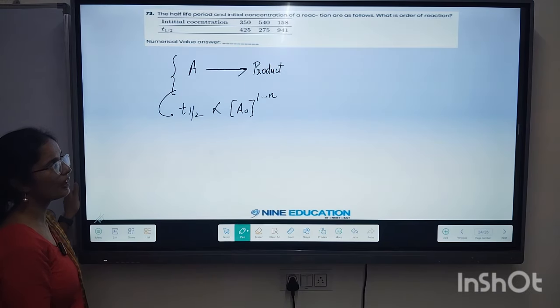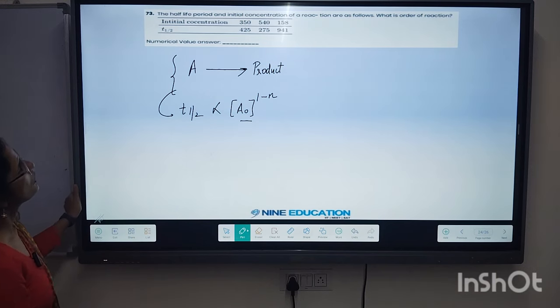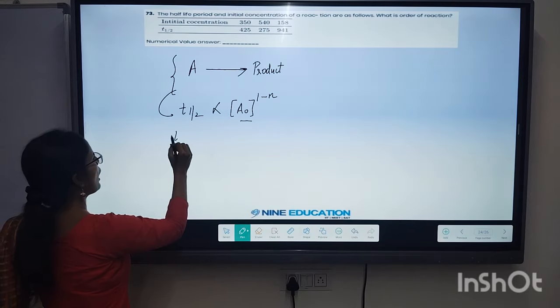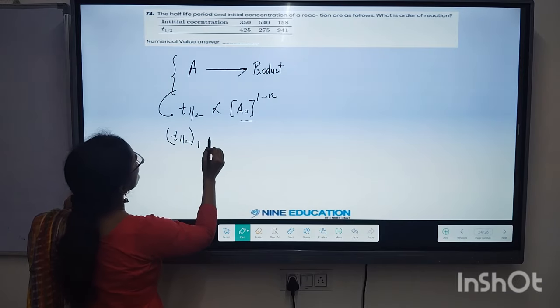This is the relation. Now we have 2 or 3 t half-lives given at different initial concentrations, and we can make use of any two. So t half-life at first, in the first experiment, is given as what?